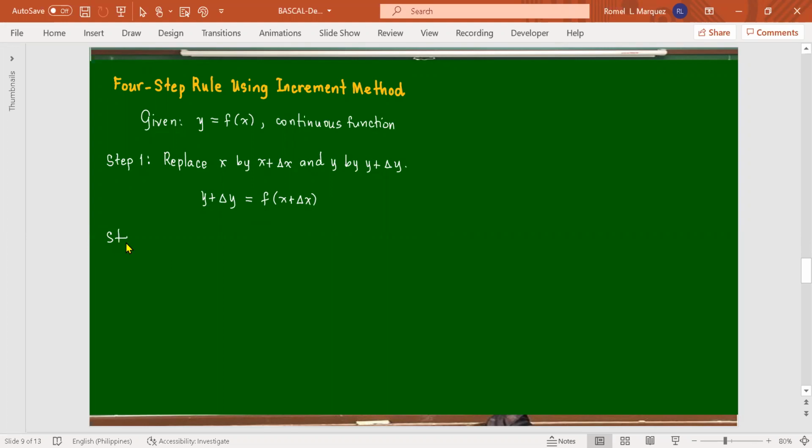Second step, step number 2. Solve delta y. So what's delta y, guys? Delta y is equal to f of x plus delta x minus y. Of course, you have to simplify.